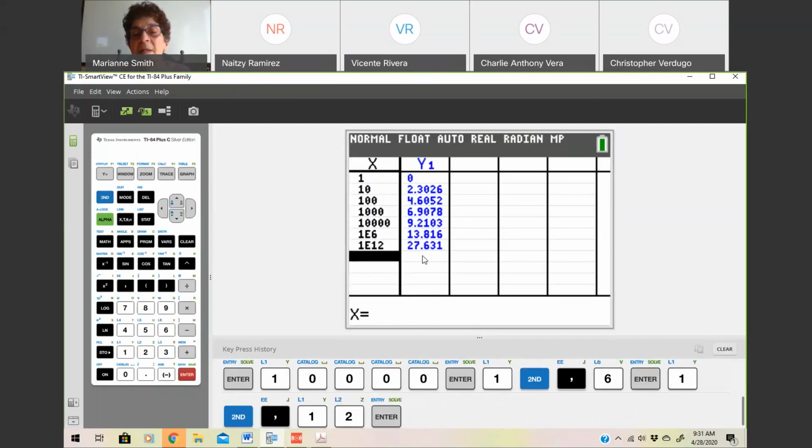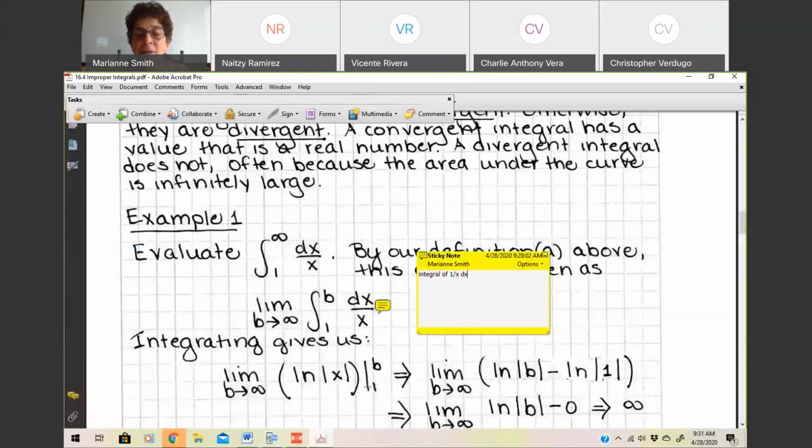You can see, even though it's growing very slowly, these numbers are getting bigger and bigger. So I can see that as x gets very large here, ln of x will approach infinity. Now, as long as you wind up with infinity for one of these limits, infinity minus 0 is still infinity, so I would say this integral diverges.